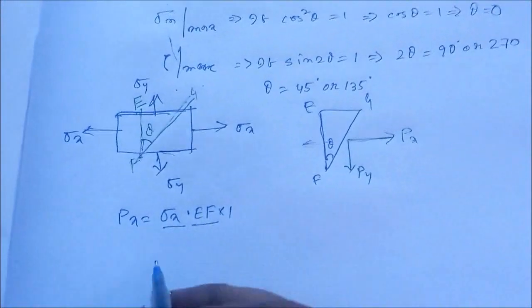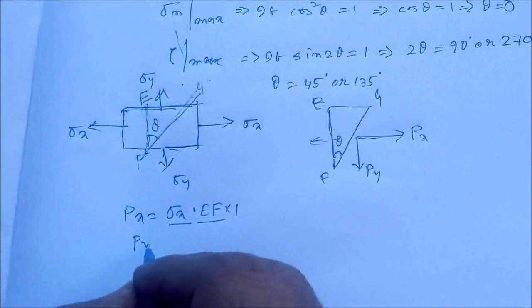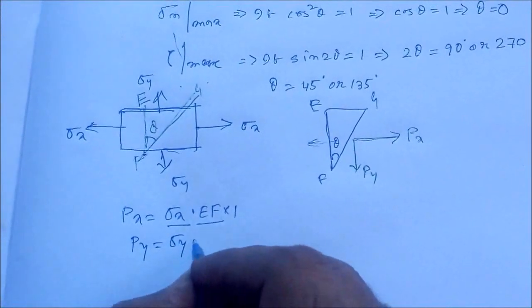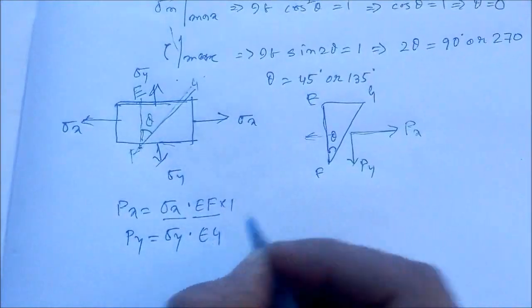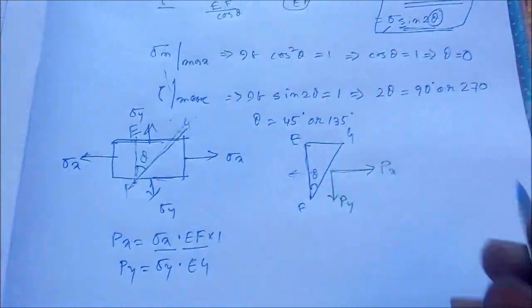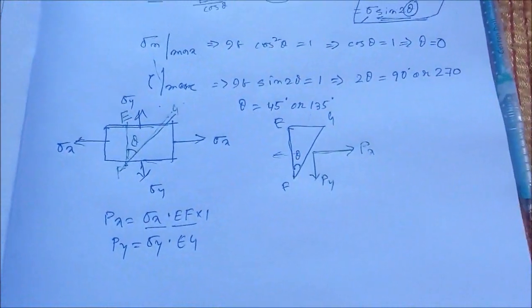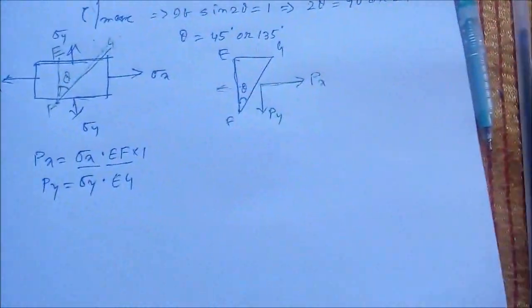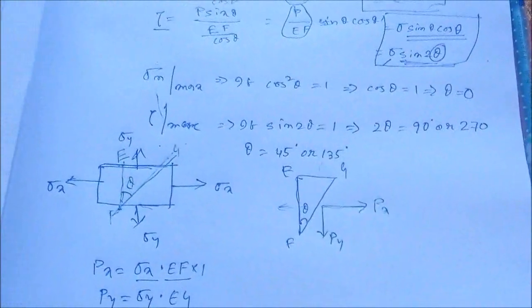So sigma x into EF, and Py will be equal to sigma y into EG, right? So those will be the value of Px and Py, right?